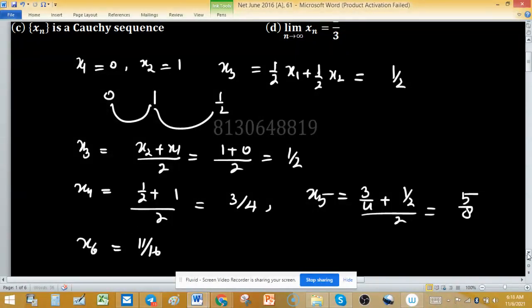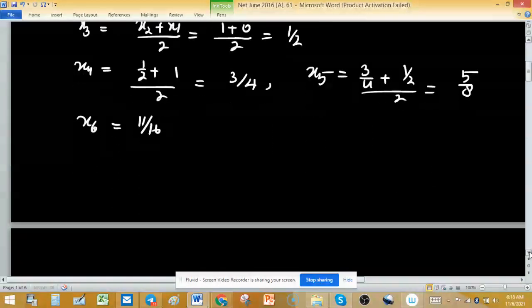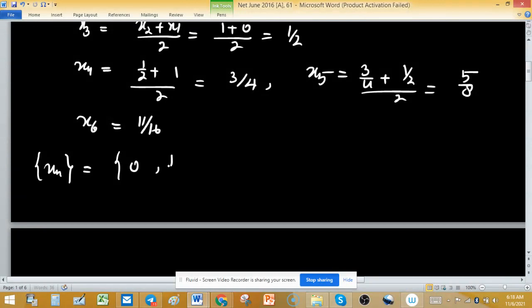Now write the sequence in terms of roster form, as we write set in roster. So xn can be 0, the second term is 1, and then half, 3 by 4, 5 by 8, and 11 by 16. These are few elements of the sequence.